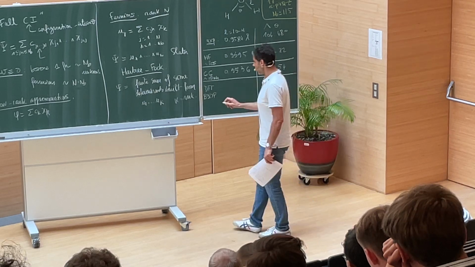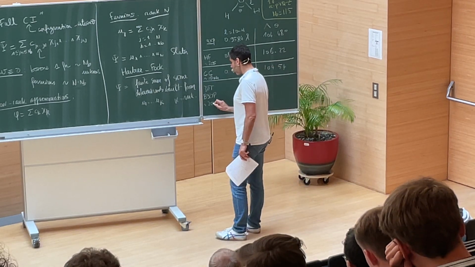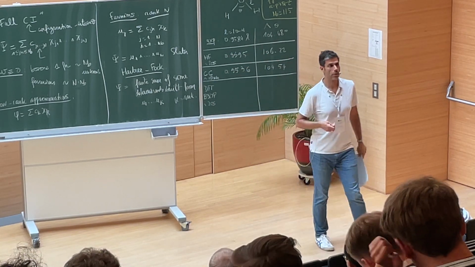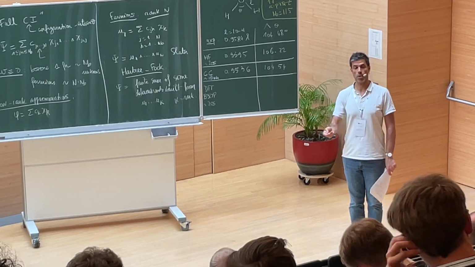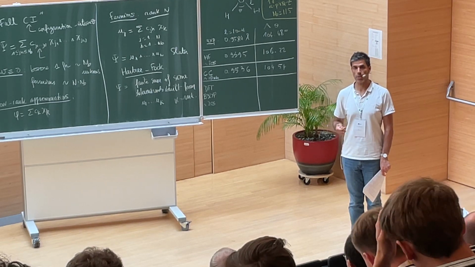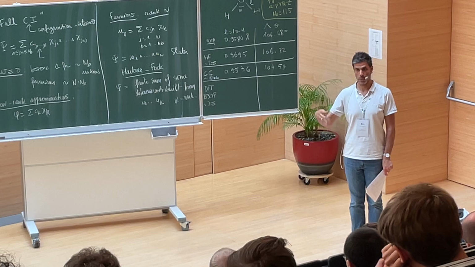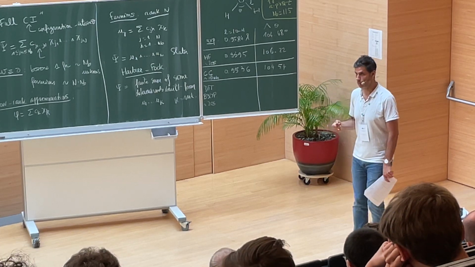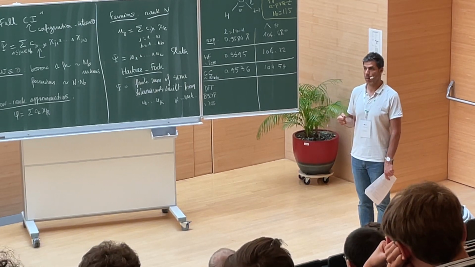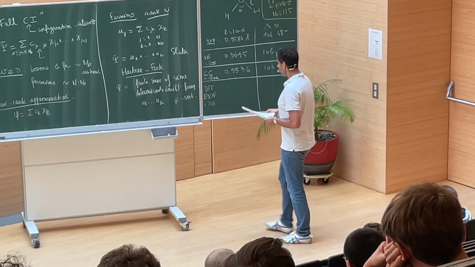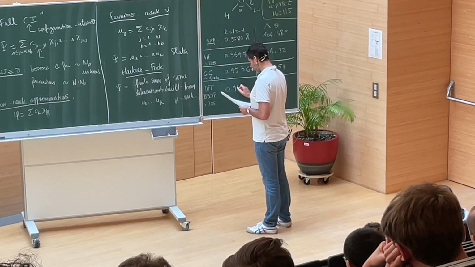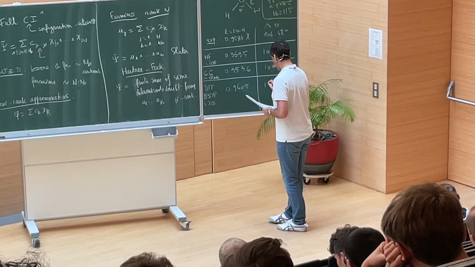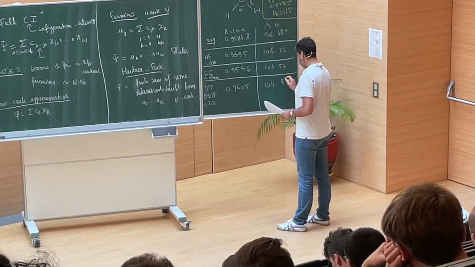It took 20 seconds again, because DFT is in spirit very close to Hartree-Fock, but much better. So it's on the same order with respect to computer time, but much better results. And I got 0.9605 and here 104.88.